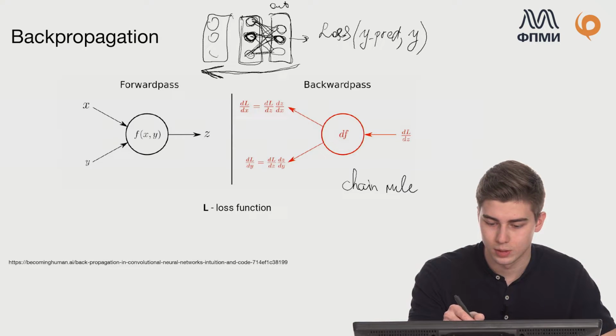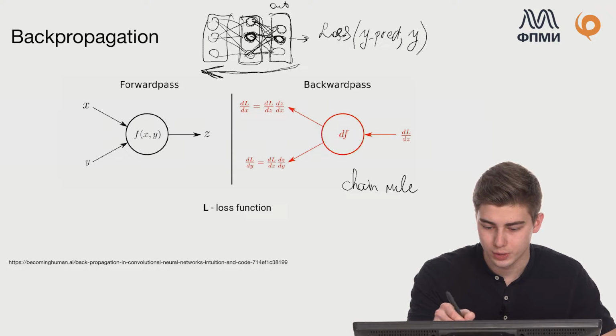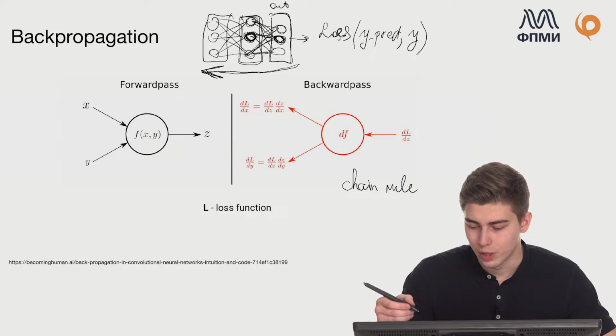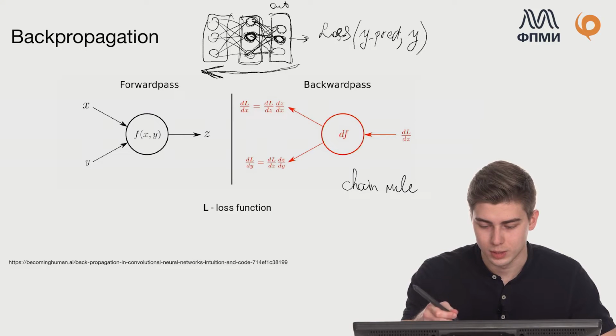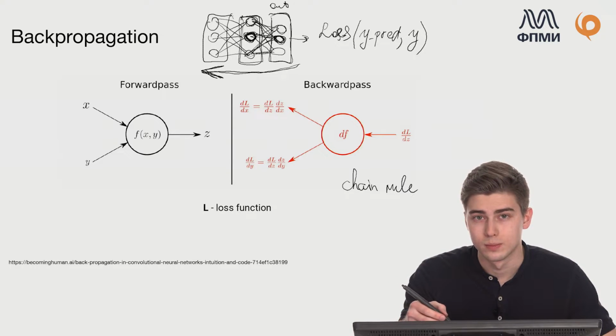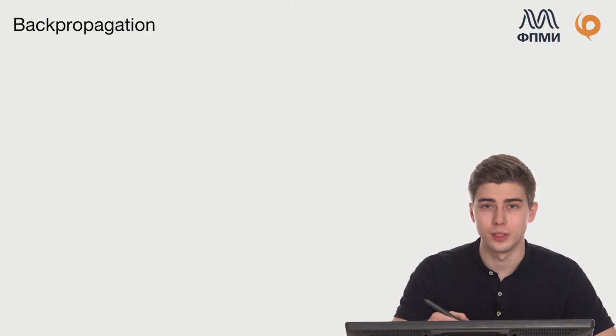So the chain rule helps us to apply some formal algorithm whose name is backpropagation to update the parameters of the network for it to make fewer mistakes. So to update it in the right way. Let's dive into the details of the backpropagation algorithm.